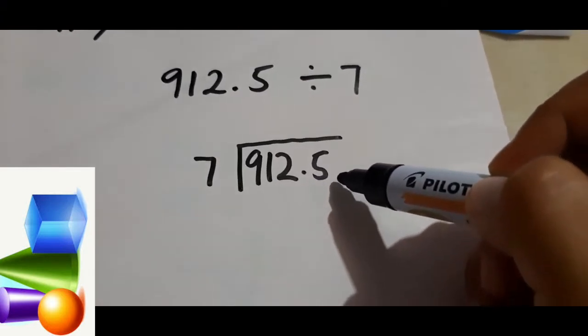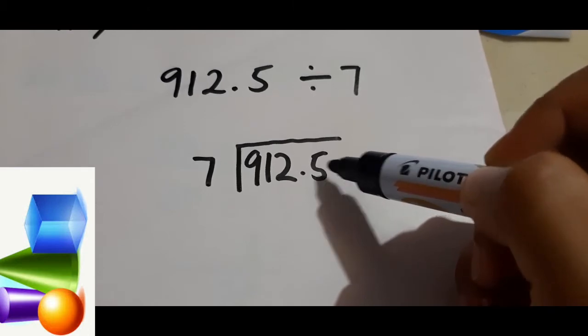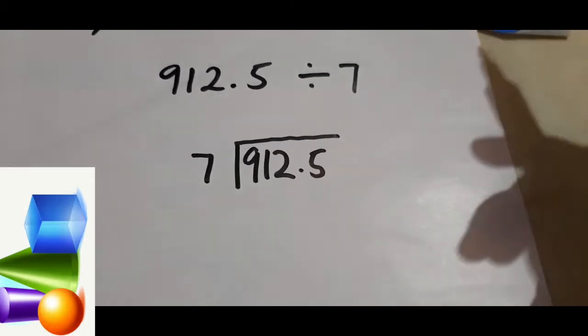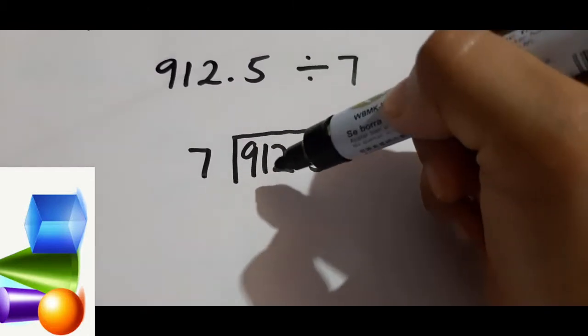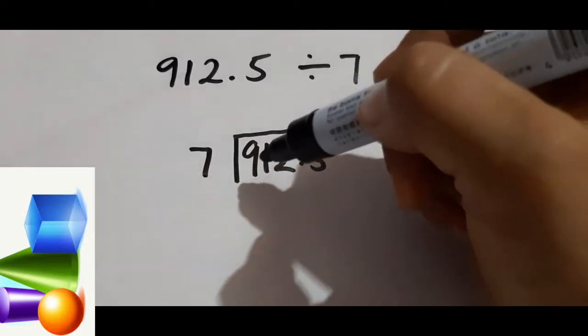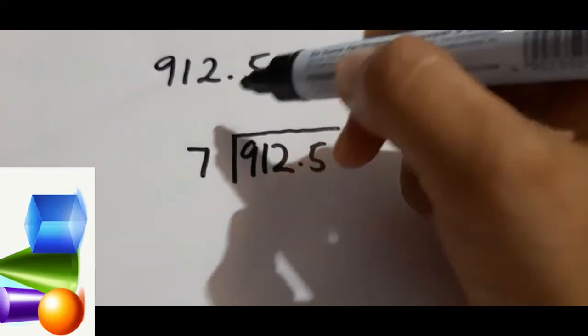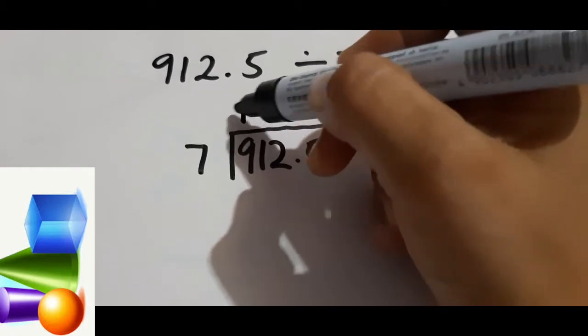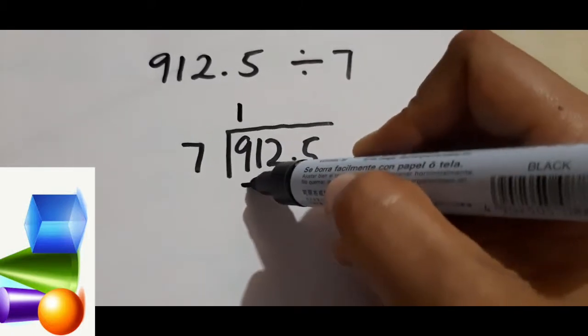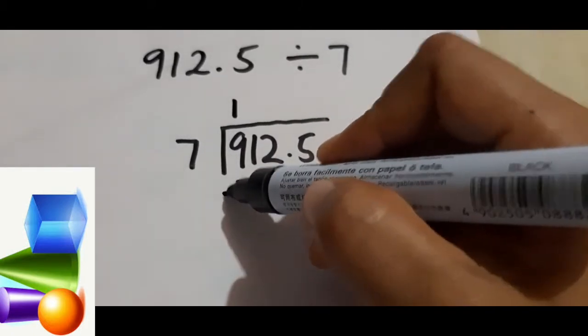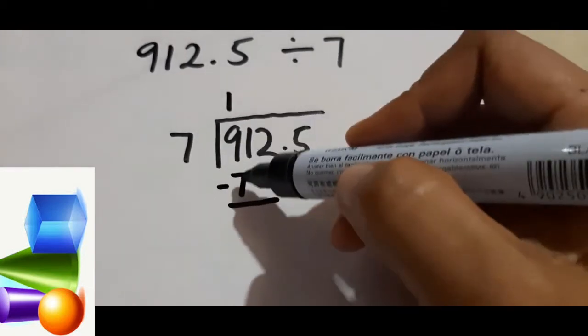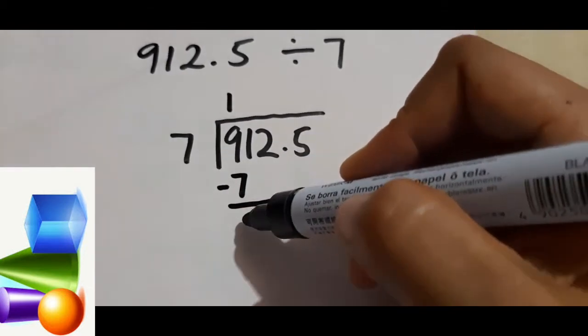Jump the digit 5. Okay, so let's divide. 9 divided by 7 equals 1. 1 times 7 equals 7. Then subtract. 9 minus 7 equals 2.